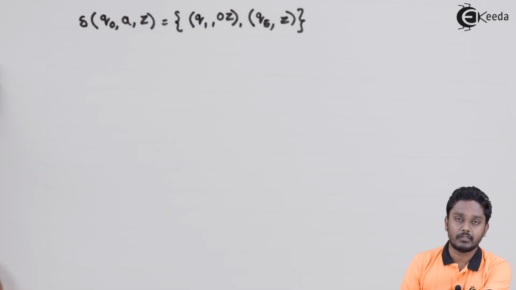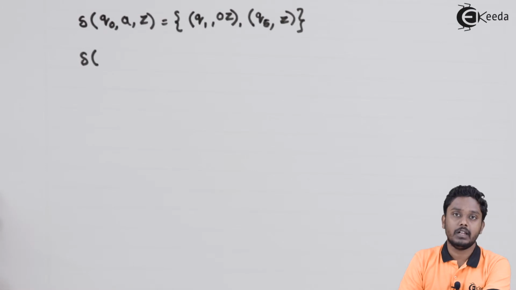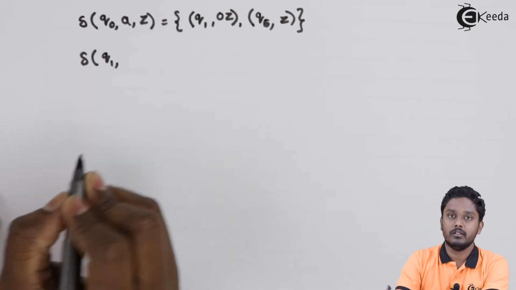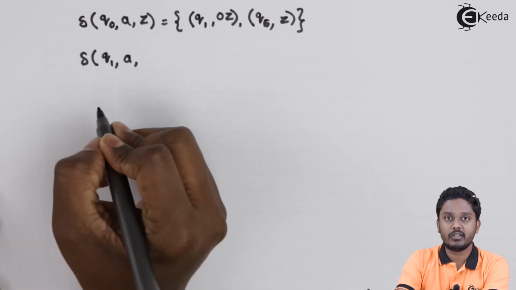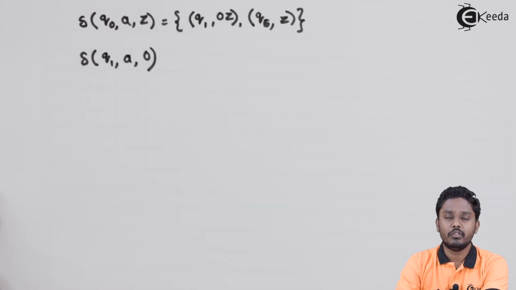Let us write other transitions as well. Delta of Q1 with A as the input and 0 as the top of the stack pushes one more 0.